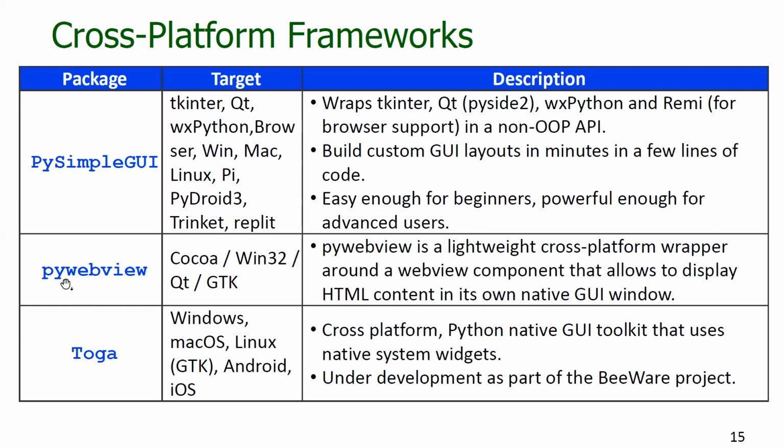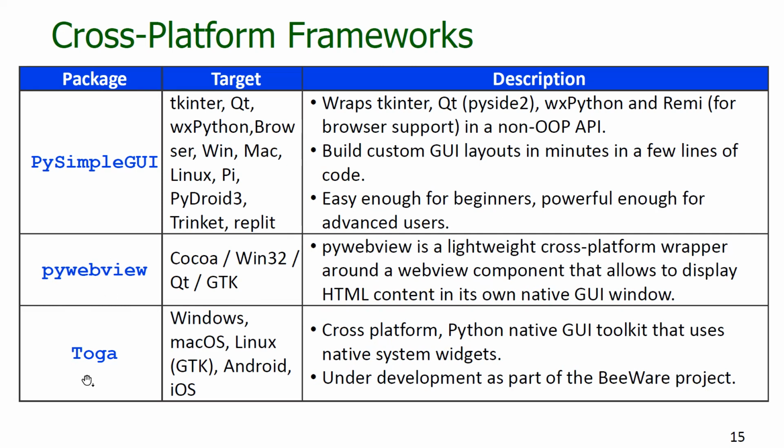The next package is PyWebView, supports Cocoa, Win32, Qt, and GTK. Here, PyWebView is a lightweight cross-platform wrapper around a WebView component that allows us to display HTML content in its own native GUI window.